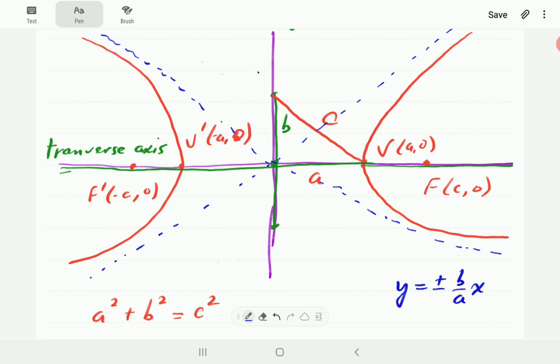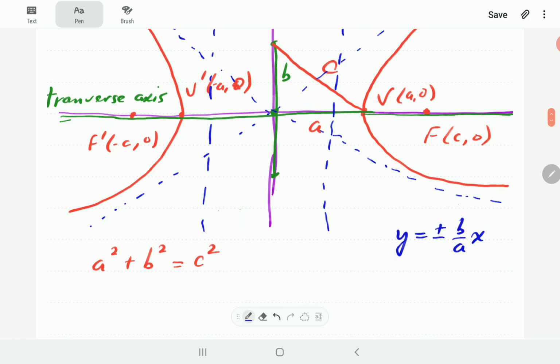So that's going to be the asymptotes, and then we are going to have directrices, but they will be closer to the center than the vertices, and the directrices again will be a distance a squared over c from the center.